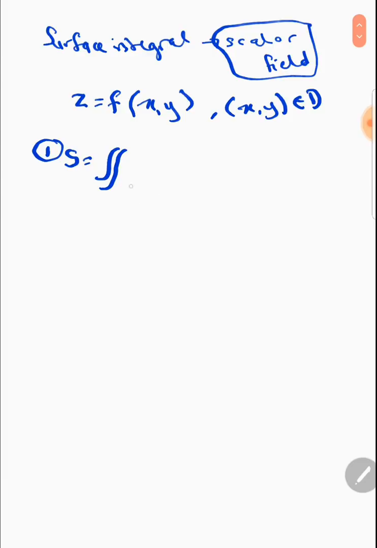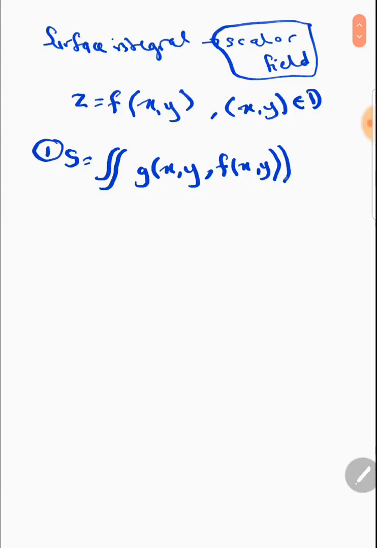So when it comes to scalar field, you will see that we will have a function here, in this case g of x, y, z, and I am going to plug in my f of x, y instead of z here.